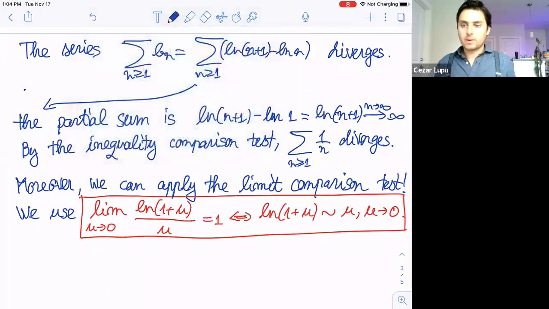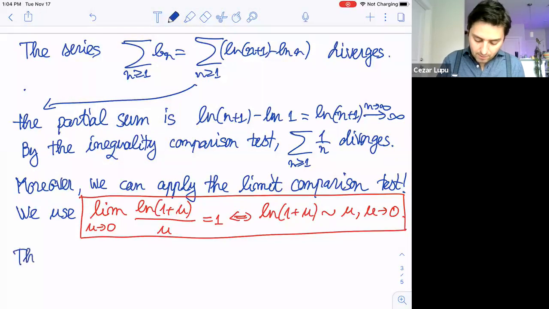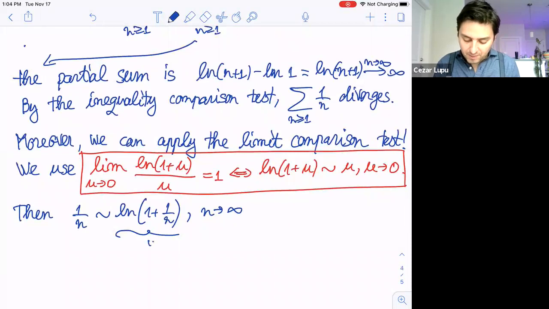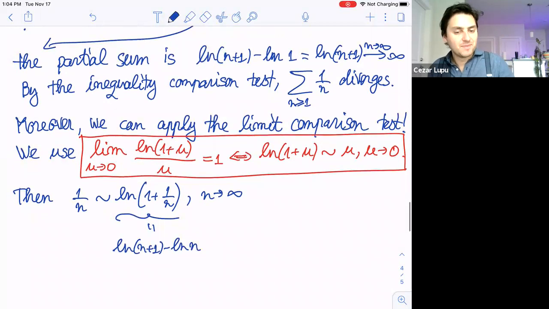And once we have this, then we can say that 1 over n is similar to ln of 1 plus 1 over n as n approaches infinity. But this guy is the same as ln of n plus 1 minus ln of n.